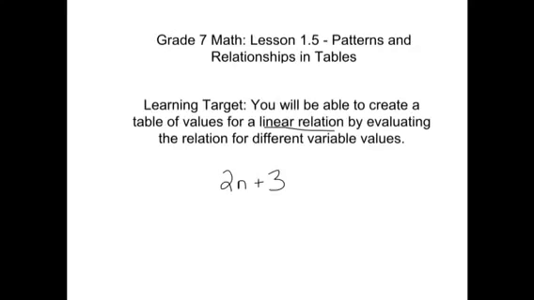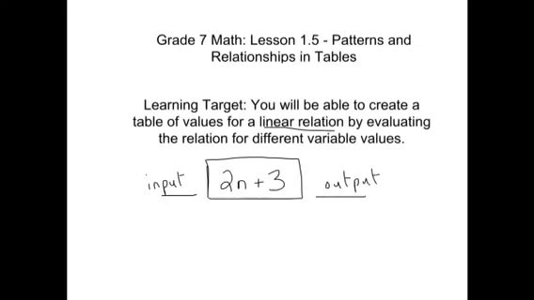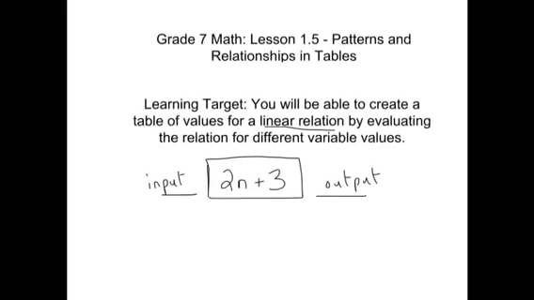So let's go back to grade 6 when we had the input-output machine. We're simply going to have our input over here and our output. We're simply going to plug in a value for n in 2n plus 3, and create our table of values.